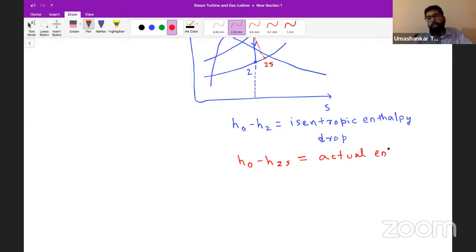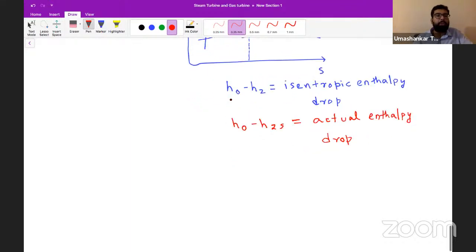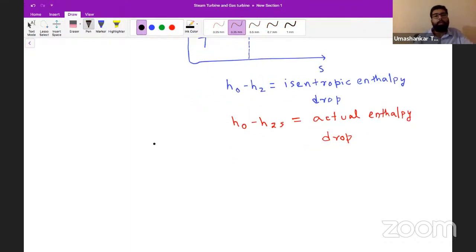Okay, so the ratio of these two we define as nozzle efficiency.